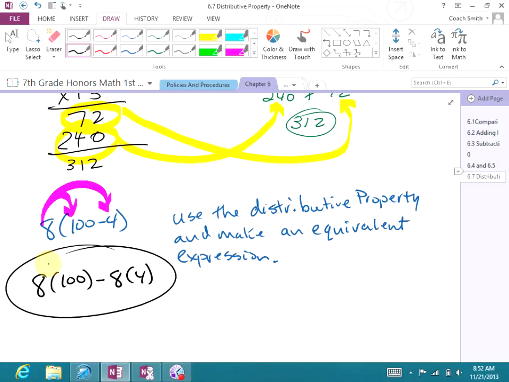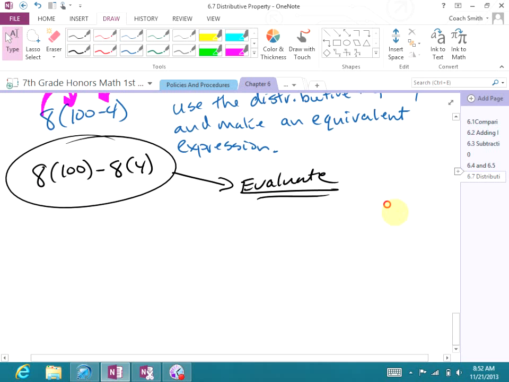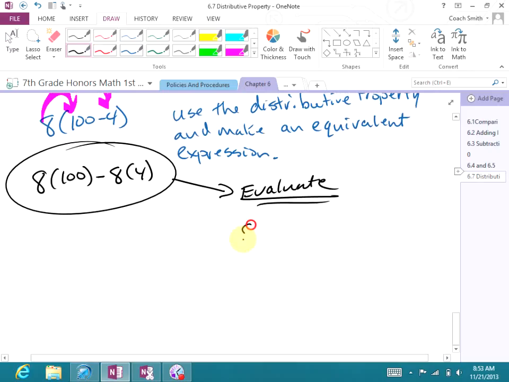Now, if they tell you to evaluate it, then you have to go on through and finish it out. If they tell you to evaluate that expression, then you would have to go, okay, 8 times 100 minus 8 times 4. 8 times 100 is 800 minus 8 times 4, which is 32.